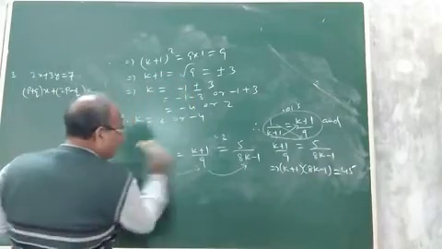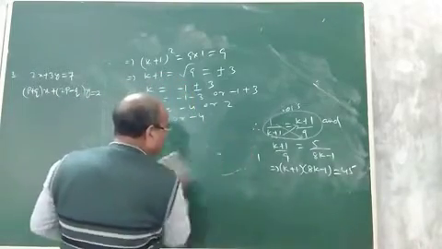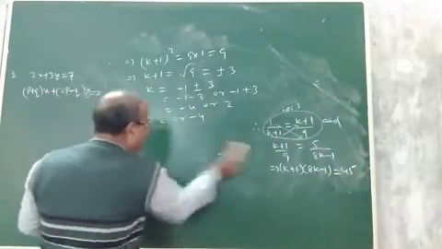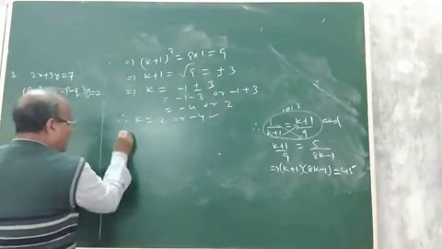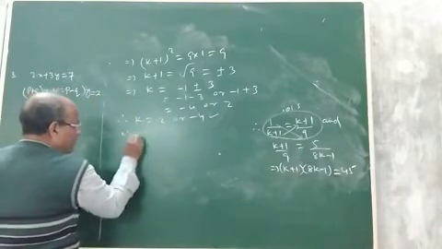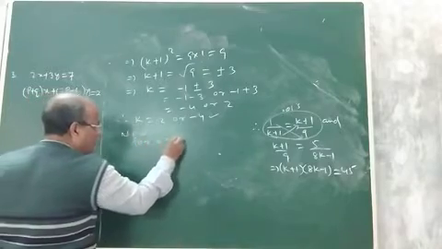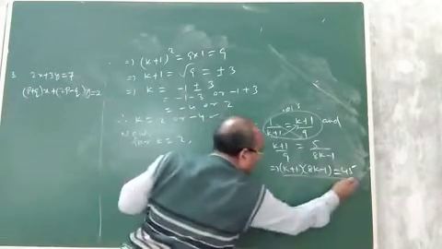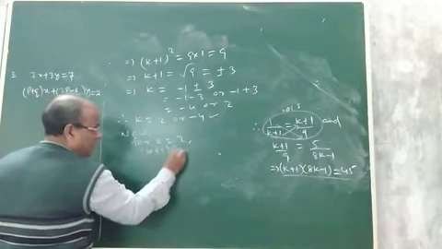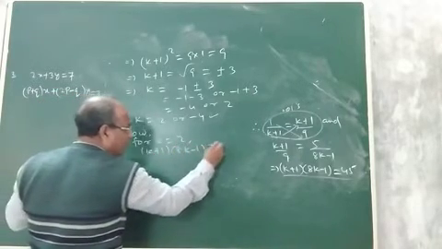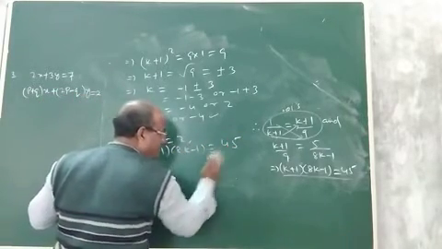So what will be our next step after finding the value of k equal to 2 or minus 4? For k equal to 2, clearly this is satisfied: k plus 1 into 8k minus 1 will be equal to 45.